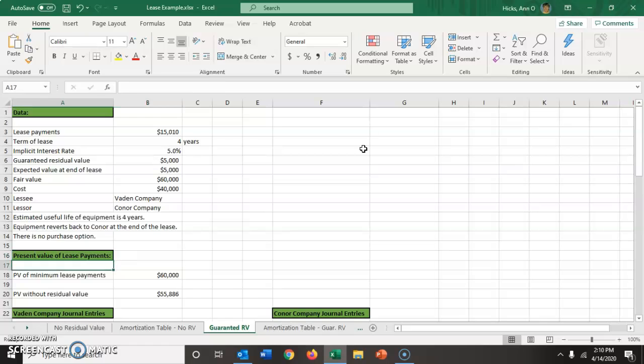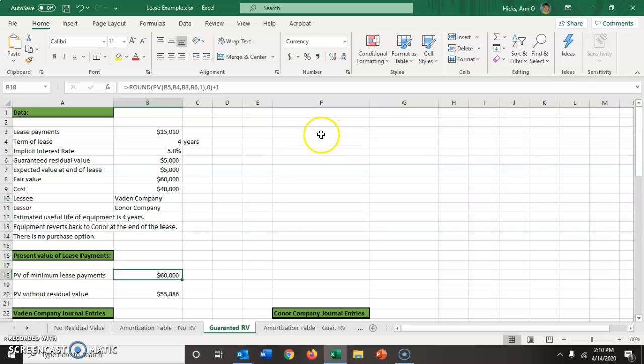First of all, let's look at the present value of lease payments. For purposes of classification, our calculation of present value of minimum lease payments does not change, which means that the present value of minimum lease payments will include the annual payments of $15,010 plus the guaranteed residual value of $5,000 at the end.